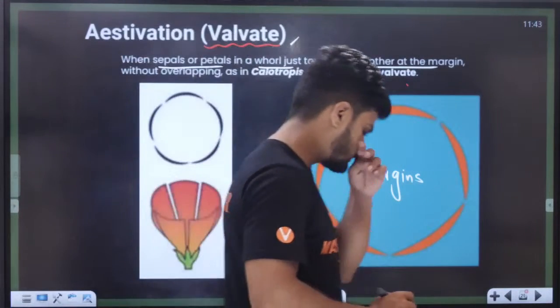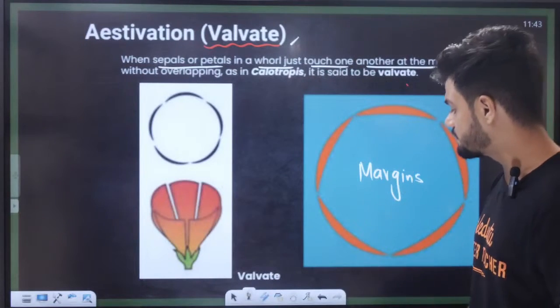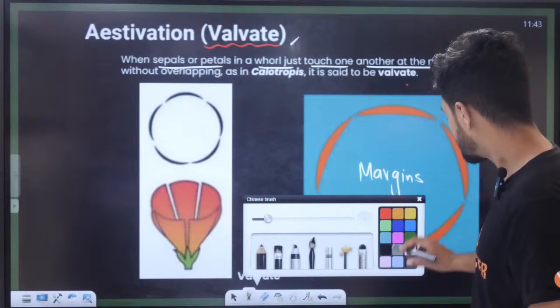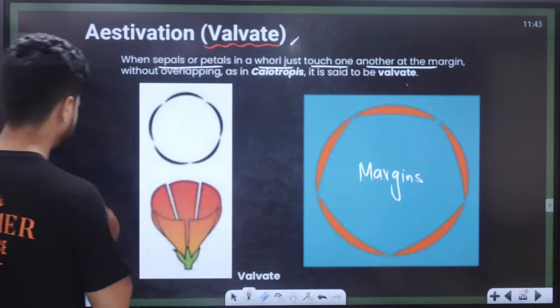Now, what is the trick here, students? Can anyone tell me? Very simple trick which I always told you for valvate aestivation. Valvate chair or velvet chair? What is the trick here? The trick here is going to be valvate chair.